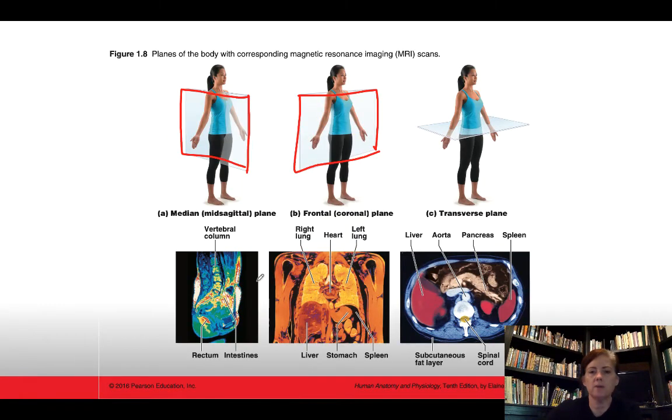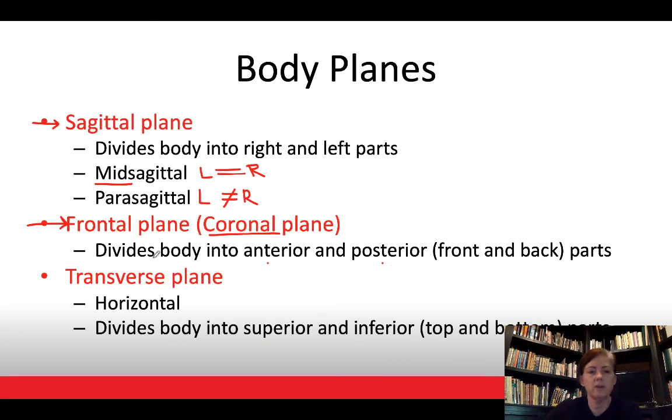Our last one is the transverse plane, and that's going to be here. This is basically taking a horizontal cut through the body. We see this a lot with CT scans. That's the view that CT scans are in. The transverse plane cut is again a horizontal cut, and it's going to divide the body into superior and inferior parts, or we're dividing that person into a top and bottom.